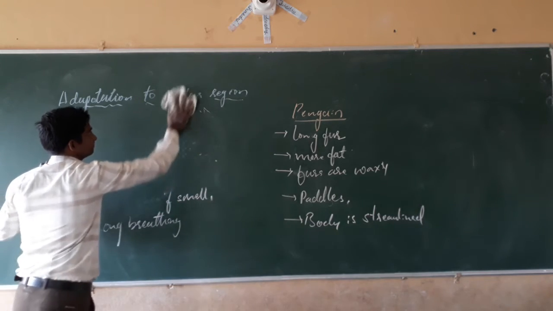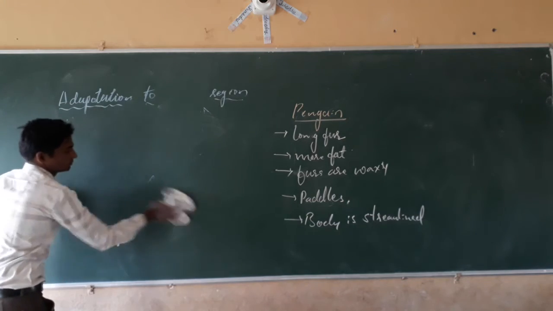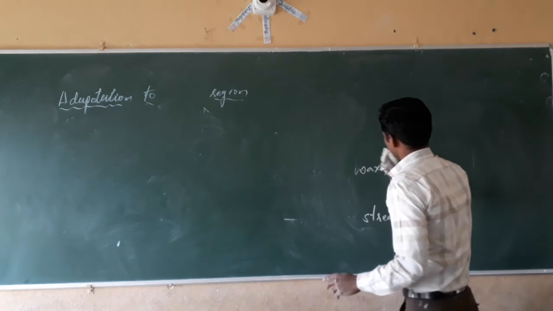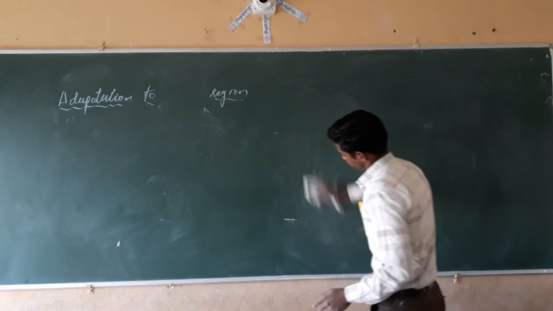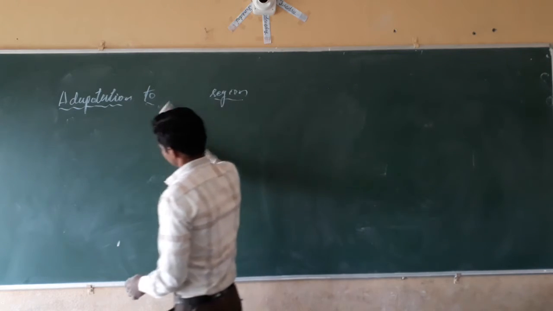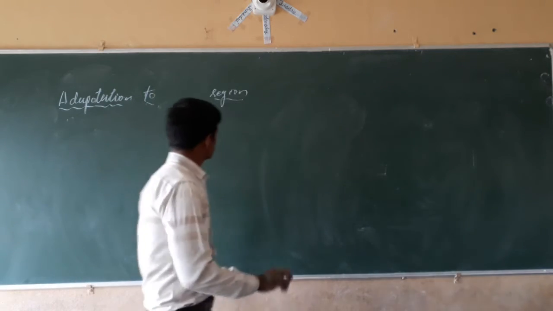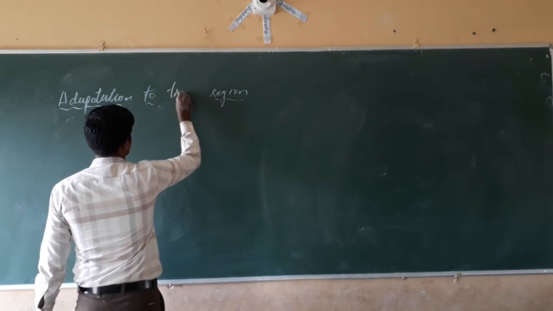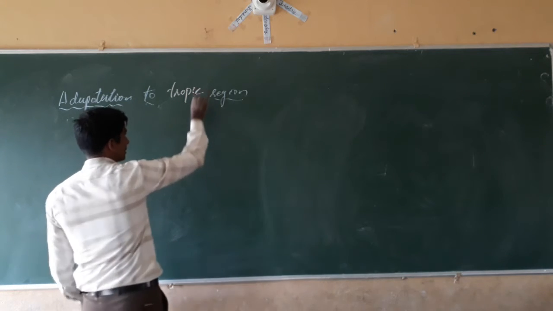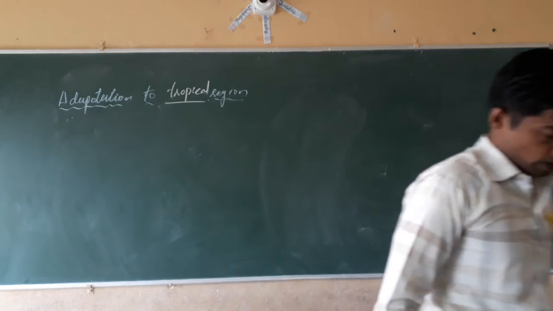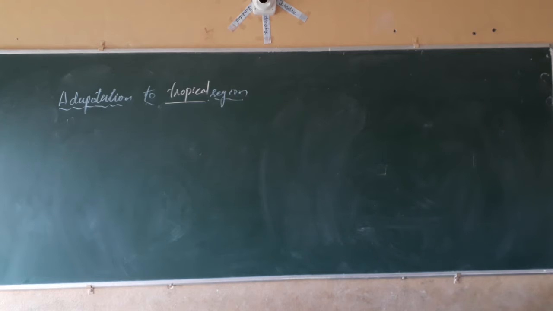Next, dear students, the adaptations of animals to the tropical regions. Tropical regions, dear students, means the region which is present on or near the equatorial region.